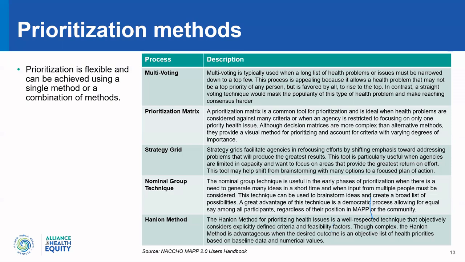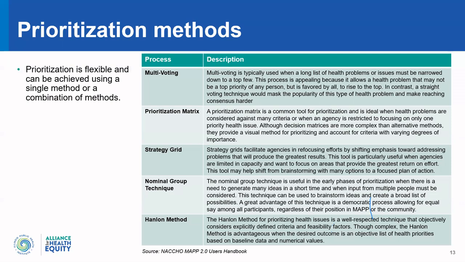You need to look at if you can have a significant outcome, if the intervention would be socially acceptable for the community. So I also provide a bunch of different examples of prioritization criteria we've used, but the matrix is essentially having people look at those different criteria and rank where a health issue falls on that matrix.